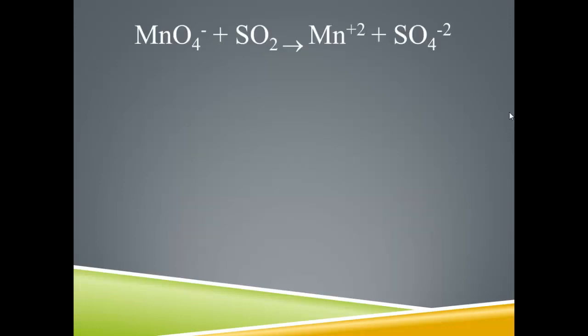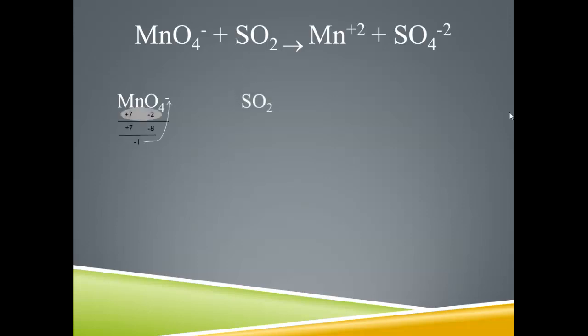Applying these rules in a reaction is simple. You just take it as an equation and take each term and do the same rules that you did before. So the first term, oxygen is a -2, there's 4 of those, and the sum has to equal -1 because of the charge, so manganese is a +7.